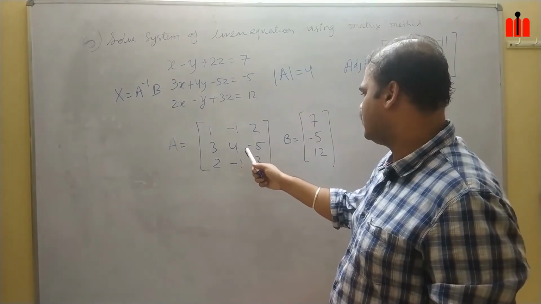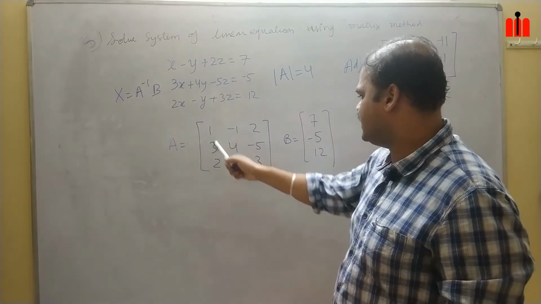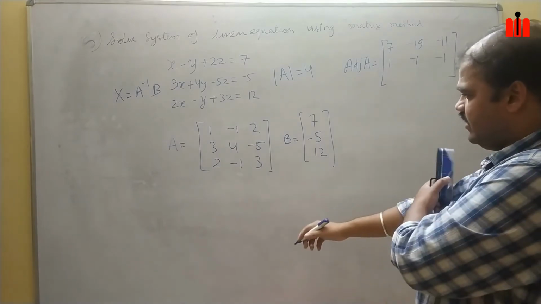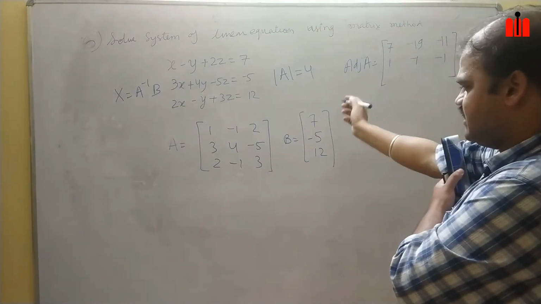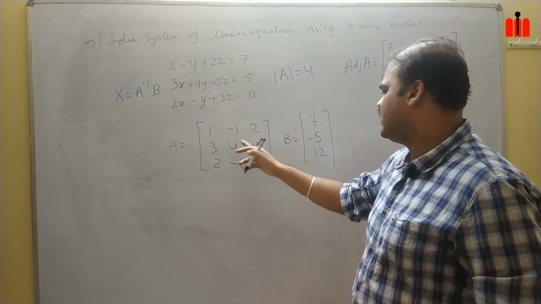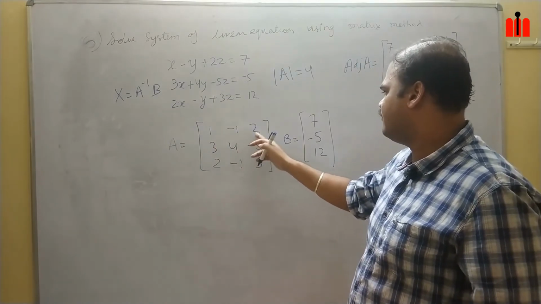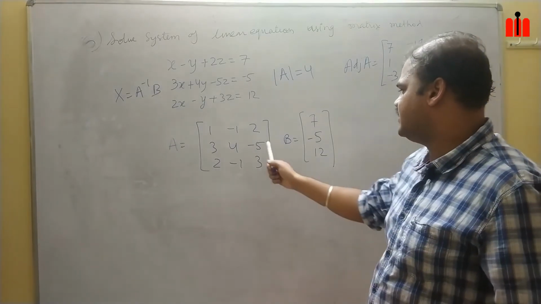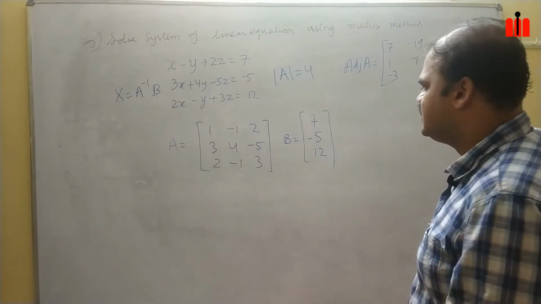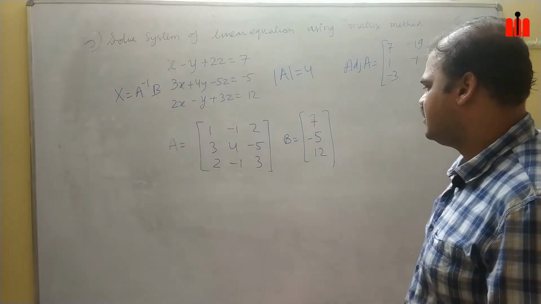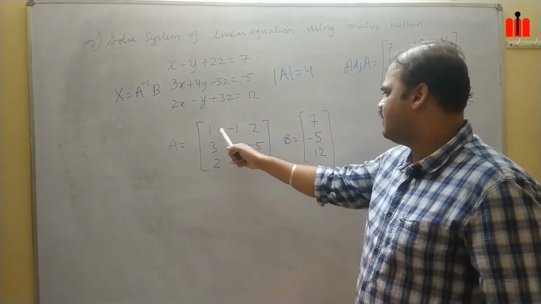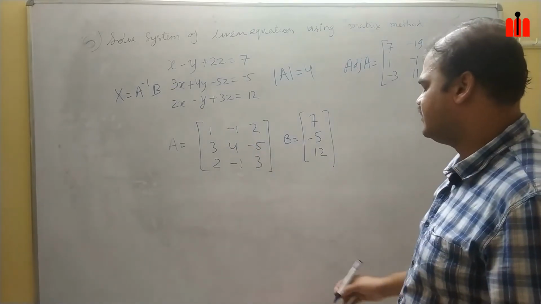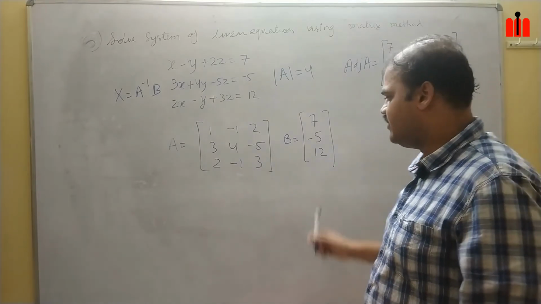Okay. For 5, it is minus 1 plus 2, so it is plus 1, and the cofactor is the negative of the minor, so it is minus 1. For 2, it is 5 minus 8, which is minus 3. And for minus 1, it is minus 5 minus 6, minus 11, which will become plus 11, because here it is the negative of the minor.